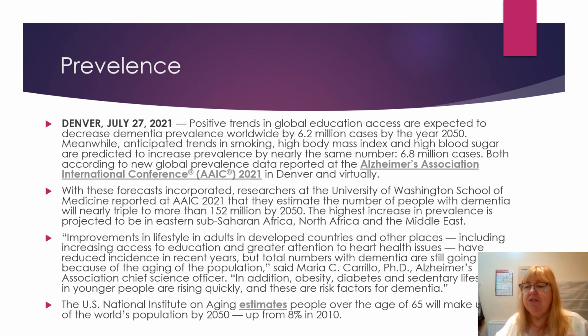All the health promotion is keeping the statistics down. So if you didn't have the health promotion, it would be twice as high. But because people are living longer, you're bound to get more people with dementia. So the US National Institute on Aging says that people over the age of 65 will make up a huge proportion of the world's population.